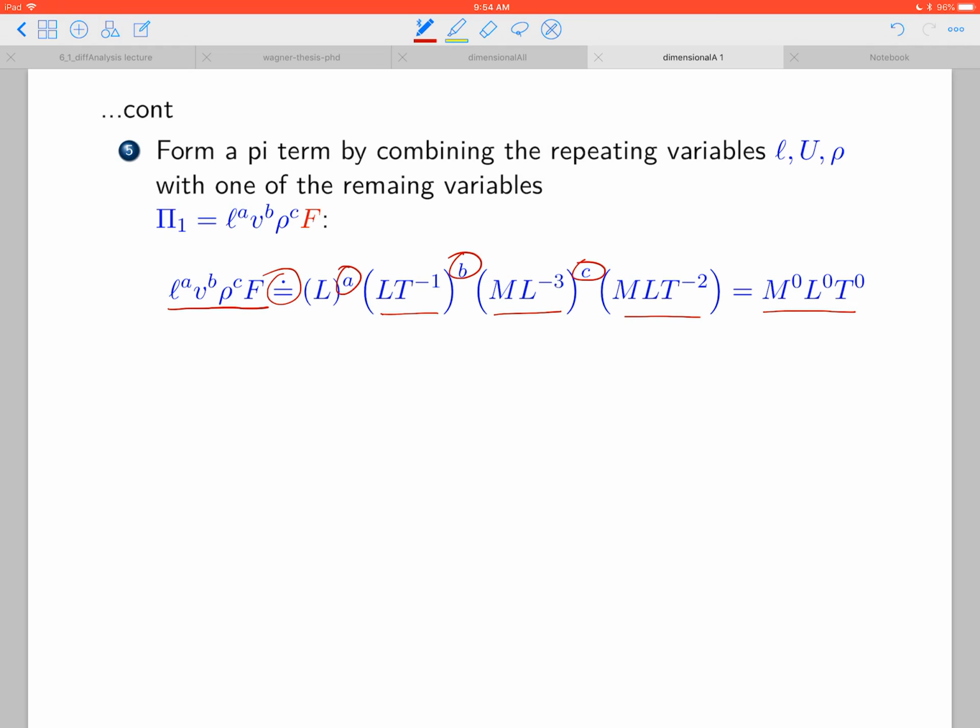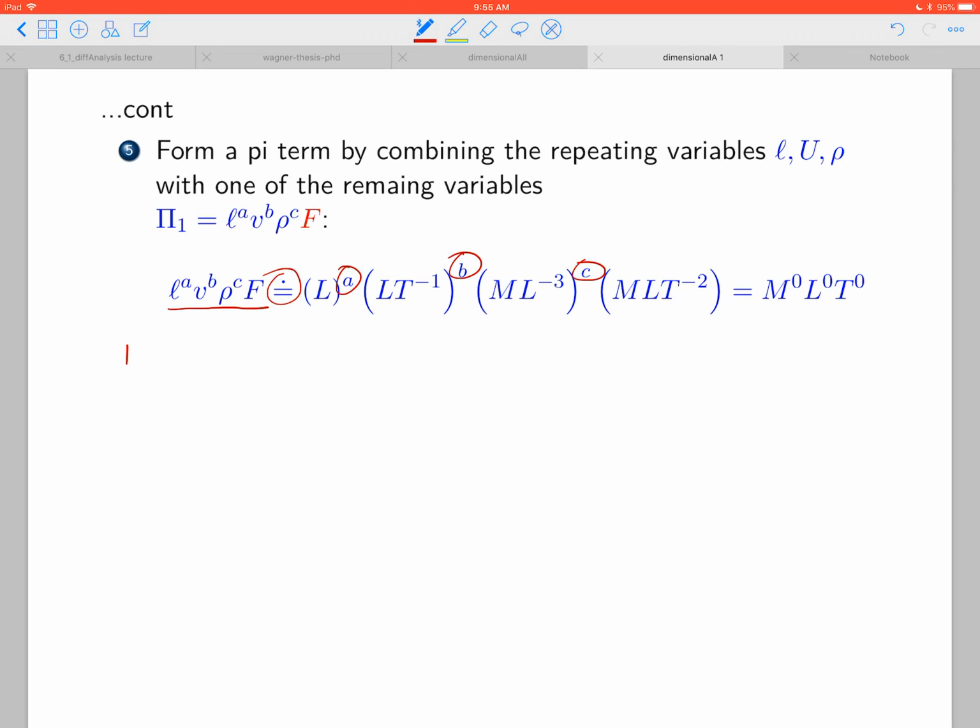So we have to find A, B, and C such that the dimensions cancel. We have three variables, A, B, and C, so we need three equations. How do we obtain the three equations? We obtain them by selecting the three different dimensions that we have: mass, length, and time.